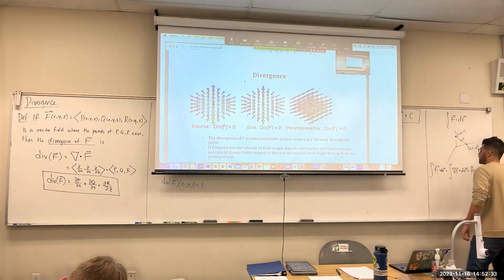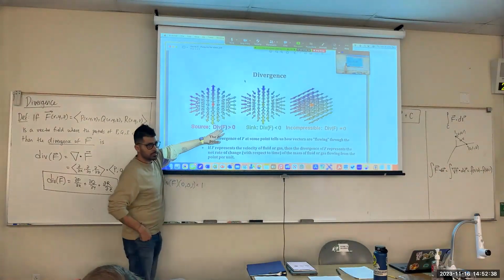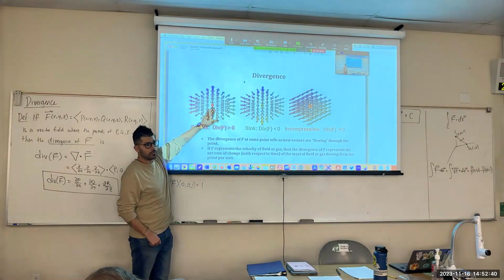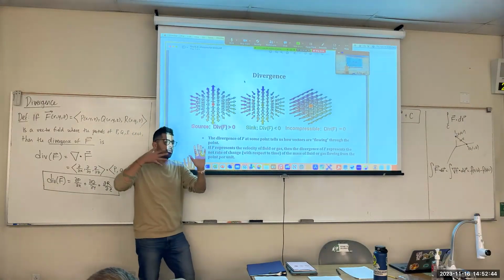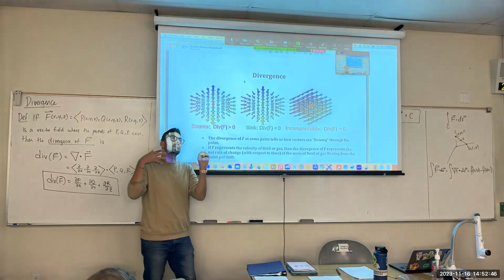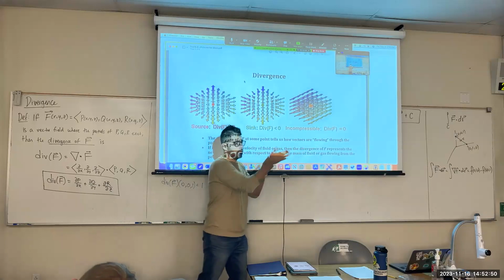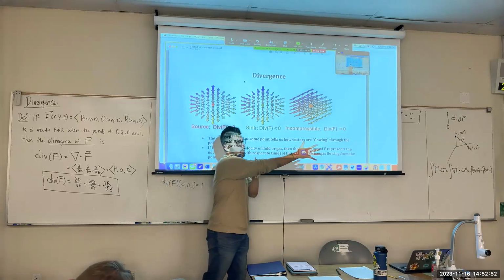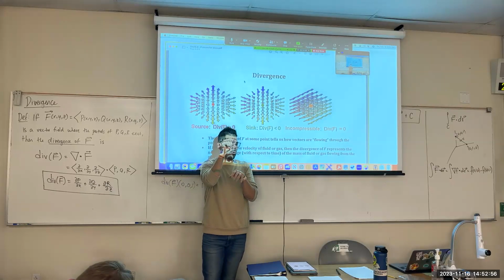And so for divergence, if you plug in a point and you get a positive answer, think of it as like you're getting a flow rate. The flow rate is going to be increasing. It's going to go faster. So it can start small and then it goes up faster. In the video, they were showing you kind of like a black hole or like a little funnel, where things were coming out of it.